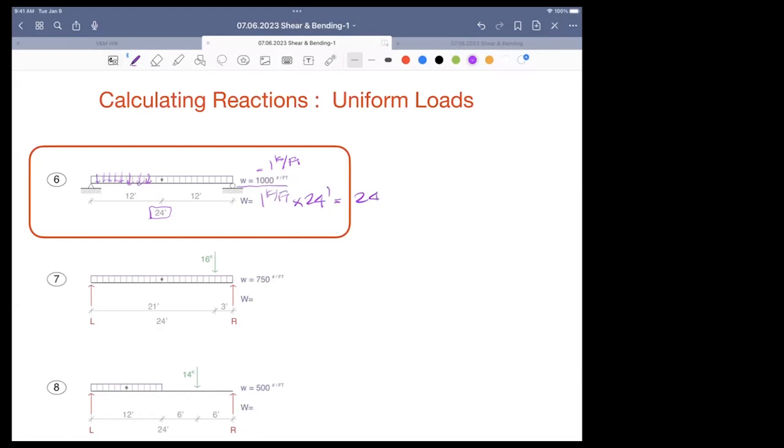Then you're going to have a total of 24 kips, and your loading is symmetrical, so it's as if 24 kips is acting in the middle, which means my reactions are half and half because it is symmetrical. I just wanted to emphasize little w, kip per foot, versus the sum total. The resultant is 1 kip per foot deployed over 24 feet. Very good.